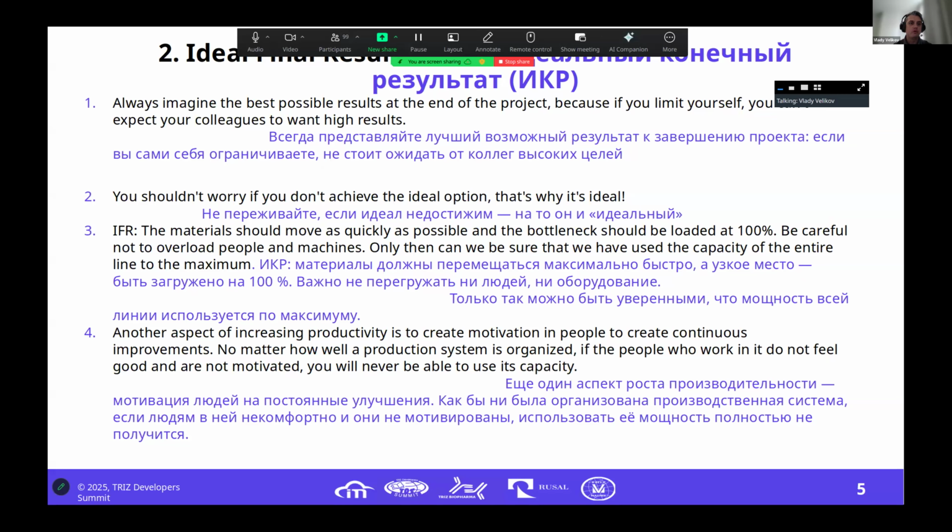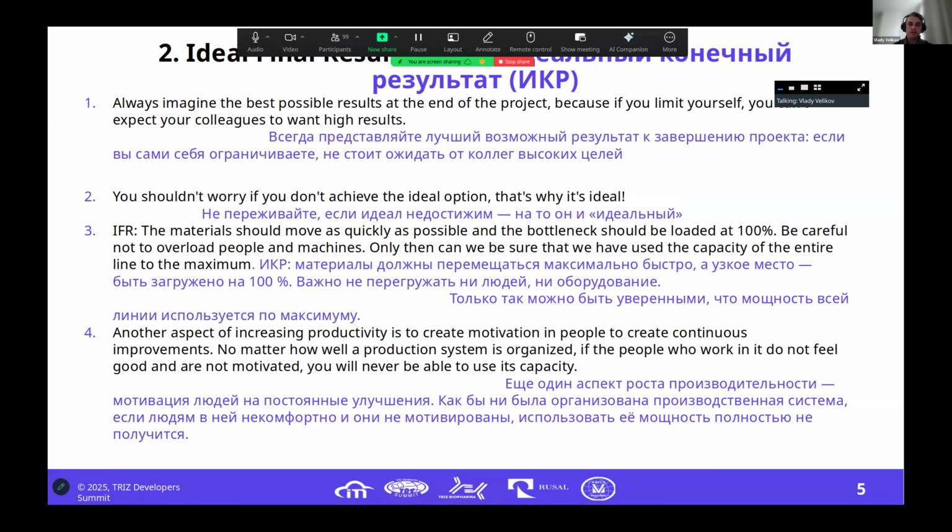Be careful not to overload people and machines. This is very important. Only then can we be sure that we use all the capacity of the machine and the entire line, of course. Another aspect of increasing productivity is to create motivation in people and to create continuous improvement.